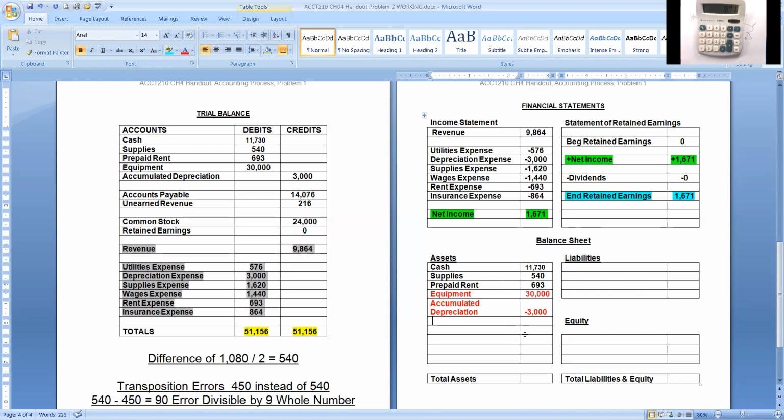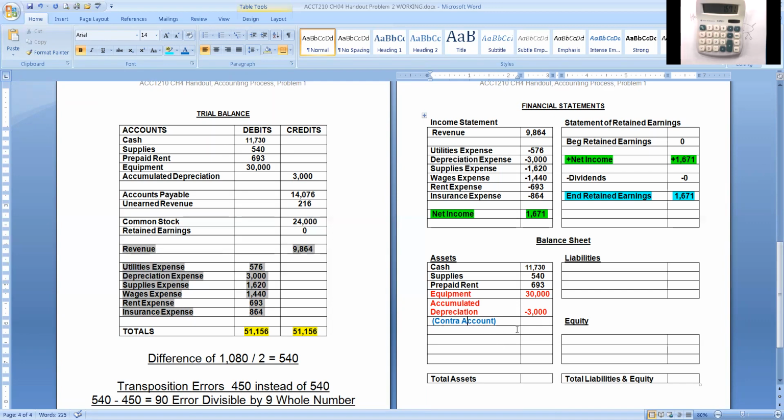And we haven't talked about this. This accumulated depreciation is what they call a contra account. And that is that it goes against another account. In this case, the account it goes against is the equipment. So this accumulated depreciation is a contra account. It goes against the equipment.